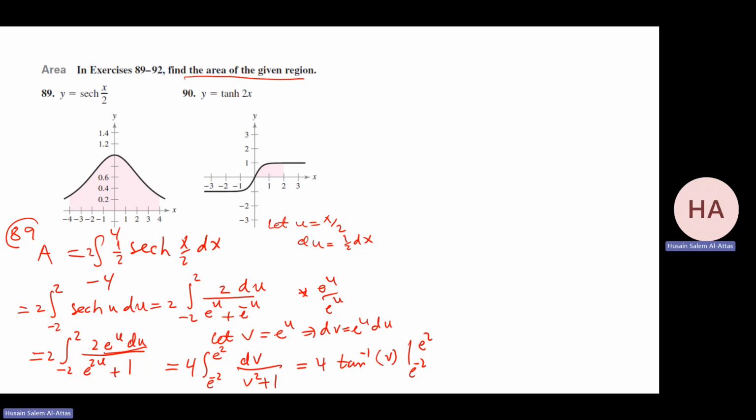Minus 2 to 2 of secant hyperbolic, that will be 2 over this, multiplied by e to the power u over e to the power u. That'll give me e to the power 2u plus 1. So let v equal e to the power u, that will be dv over v squared plus 1. That will be 4 tan inverse v, which will give me what?